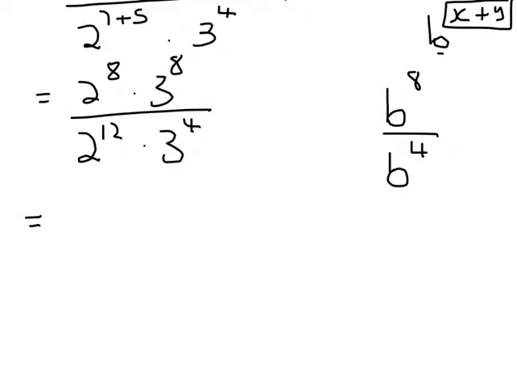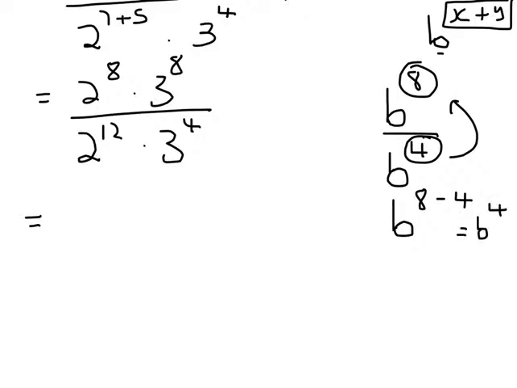So it is this small exponent that has to visit the bigger exponent, which means this exponent has to go to the top, and it ends up being b to the exponent of 8. Remember, you subtract when you are dividing the same bases. Then it ends up being base to the exponent of 4, because 8 minus 4 is 4.